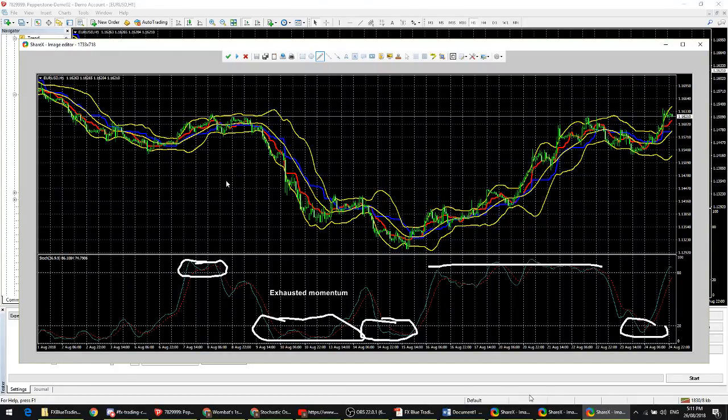So let's have a look at the Bollinger Bands. Now, we said that when it breaks the Bollinger Band, it's likely to continue on in that direction. But we saw that that doesn't often happen. So let's have a look at situations that match up with what we've already highlighted in our stochastic down the bottom here.